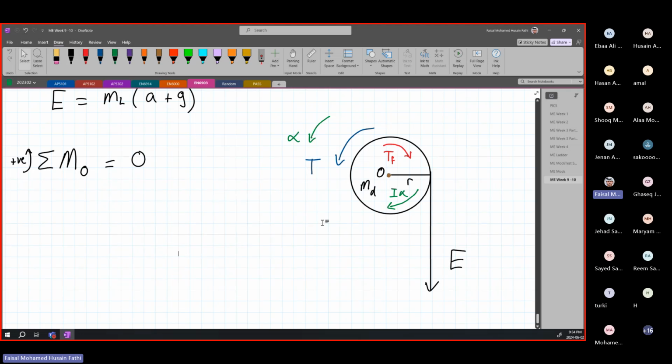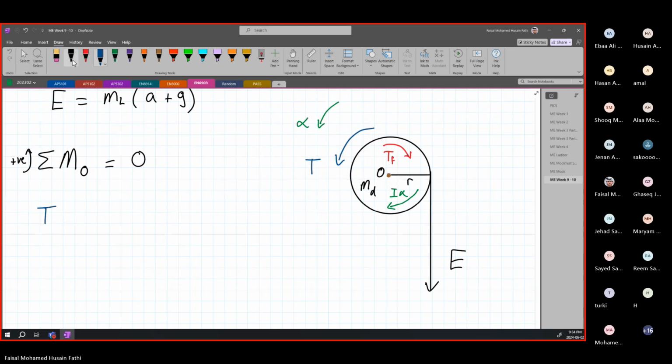So remember, this is just acceleration, okay? This isn't an actual moment or torque. This is the actual torque, which is T. So we're going to have positive T, because it is counterclockwise, minus TF, minus I alpha.